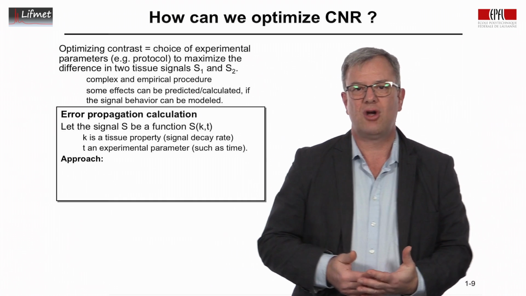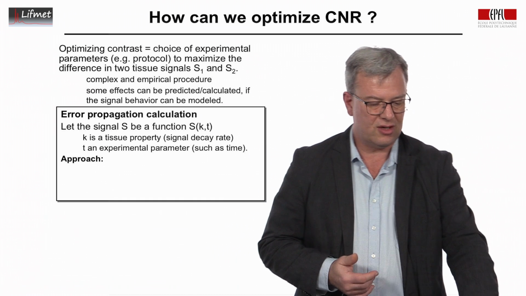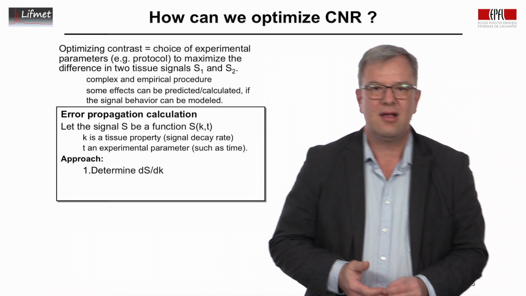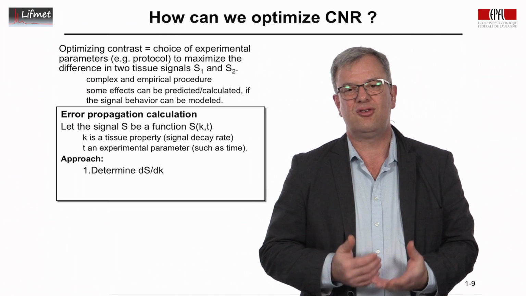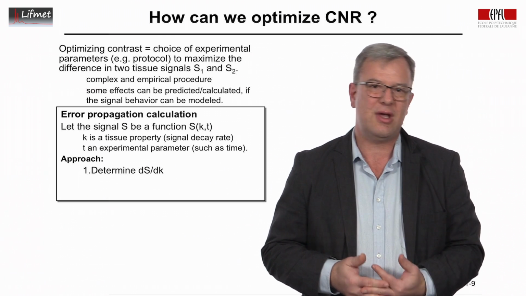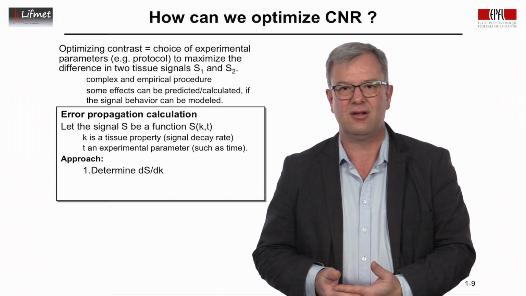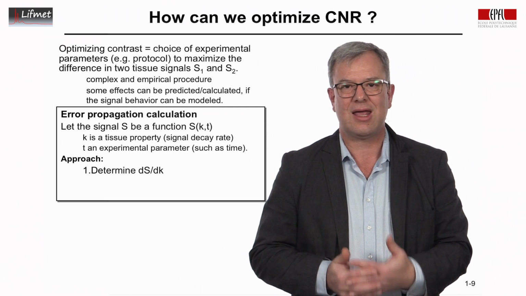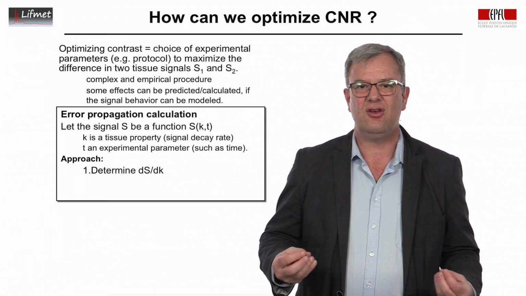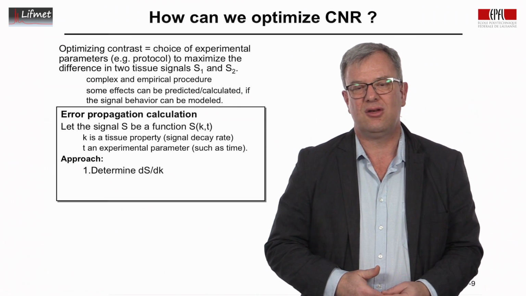Now the approach of finding the best contrast to noise ratio consists first in calculating by how much the signal changes if the tissue property changes. That is, we do nothing else than take the derivative of the signal with respect to the tissue property k. That gives us a measure of by how much the signal changes if we change the tissue property k.